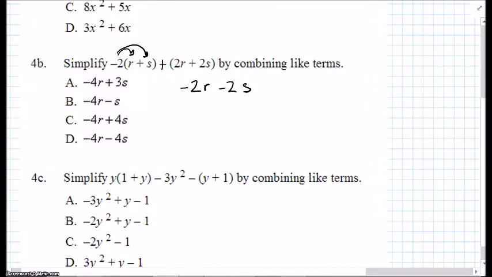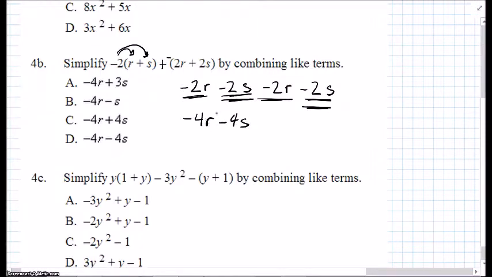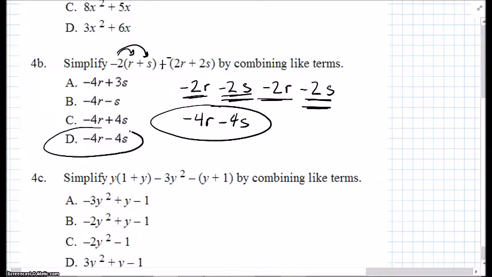Let's pretend it's plus a negative so we can distribute that negative sign. That would be minus 2r minus 2s. Sum like terms. I have negative 4r minus 4s. So my answer would be D.